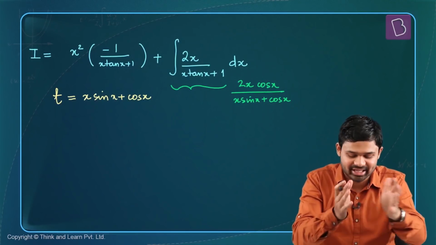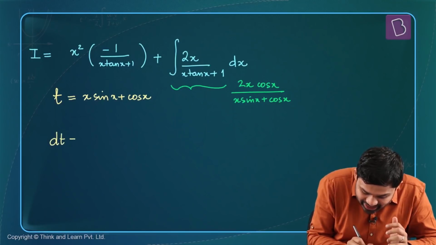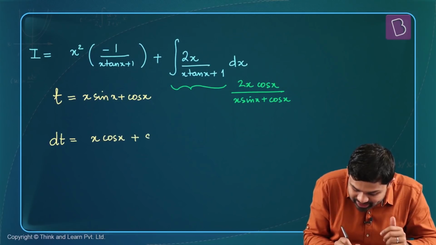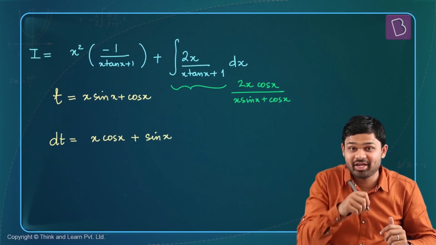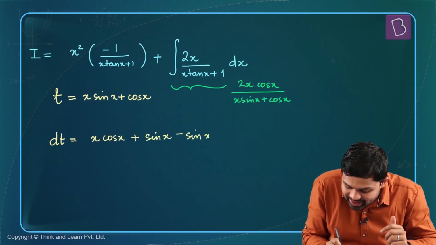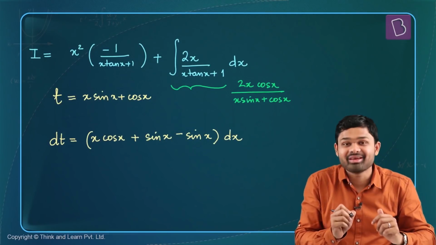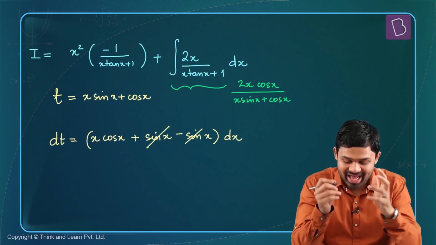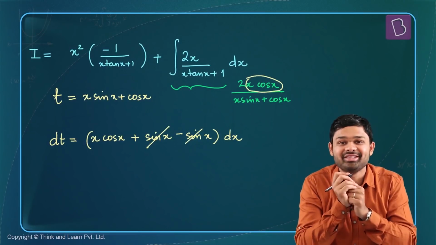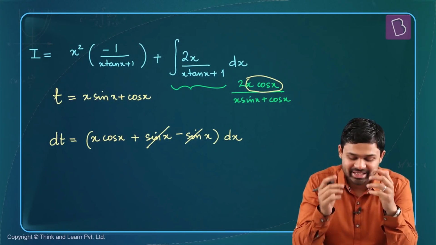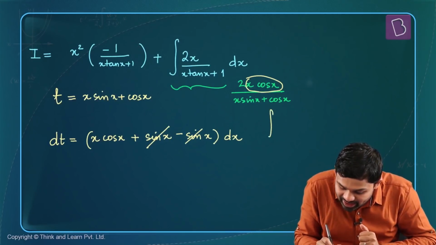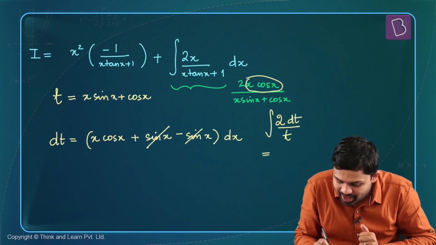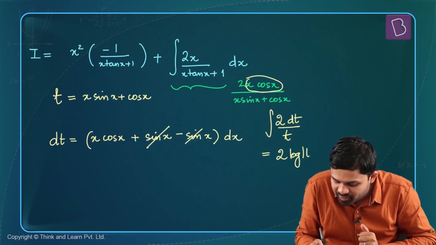If my t is x sin x plus cos x, then my dt will be, using the product rule, x cos x plus sin x, and then the derivative of cos x, which is minus sin x, and dx. Beautiful, isn't it? The sin x's will cancel out and dt is nothing but x cos x dx. And that is exactly what is there here. So this means that I can now easily integrate, because this will be the integral of 2 times dt over t, which is nothing but 2 log of t, right?